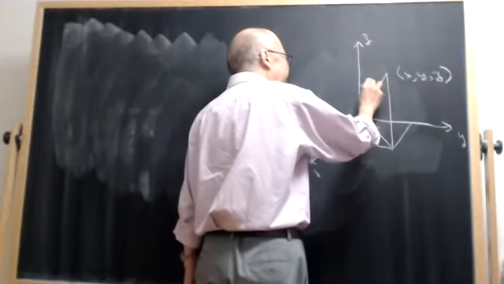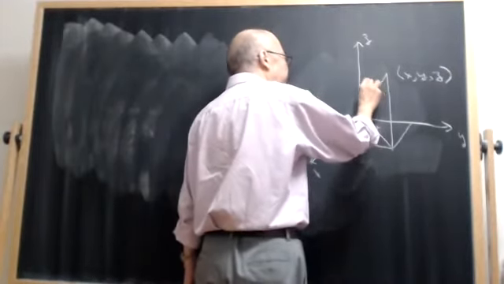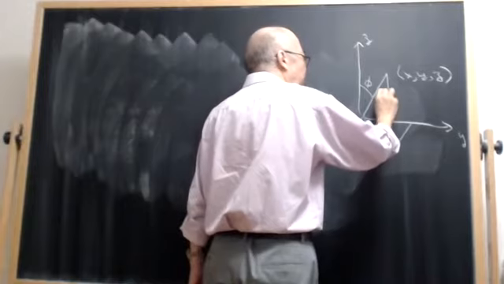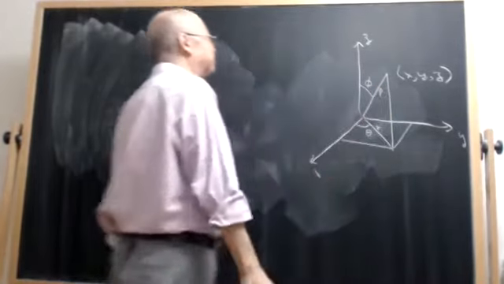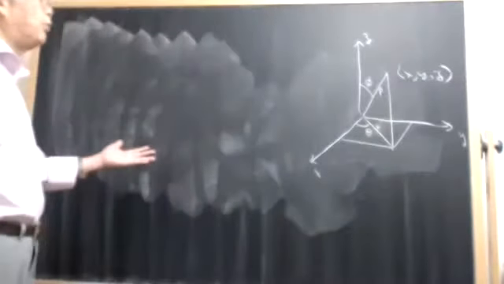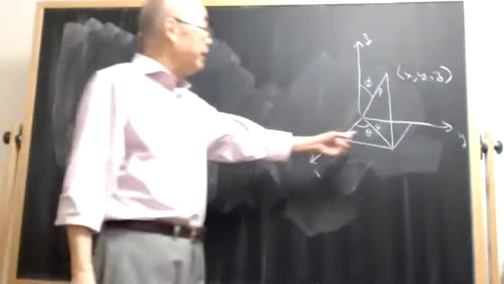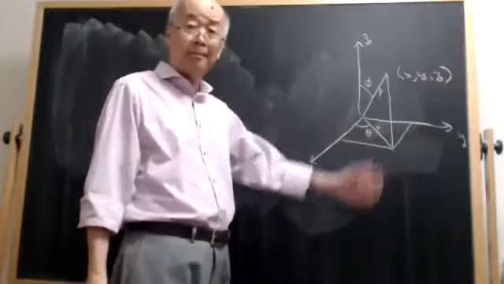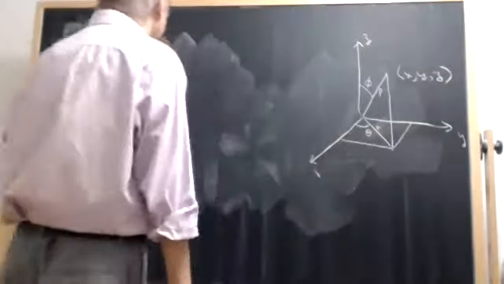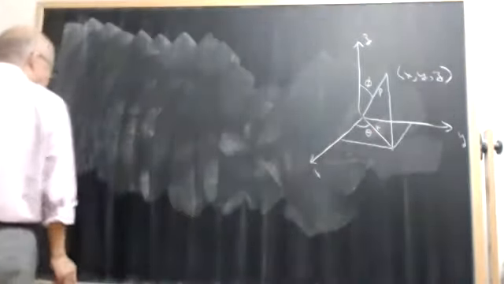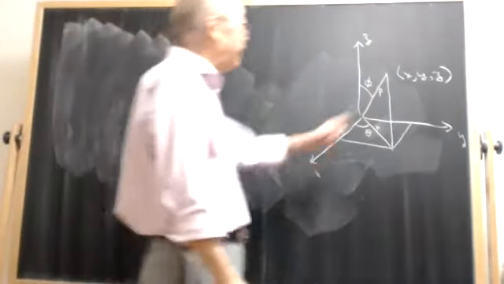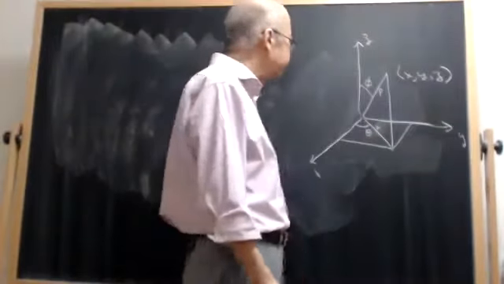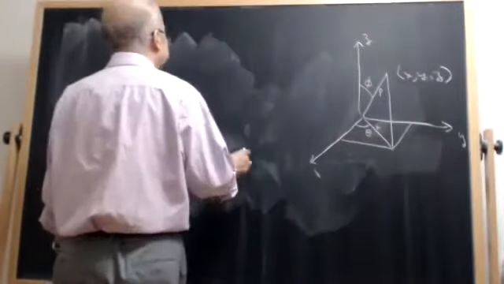So this is the angle phi, and this is the radius rho. That's all the data you need. Actually, you don't even need all. And then the relationship between X, Y, Z and rho, phi, theta are the following.